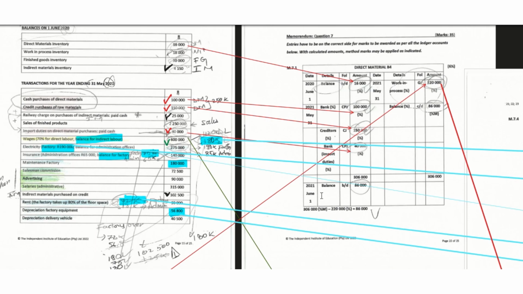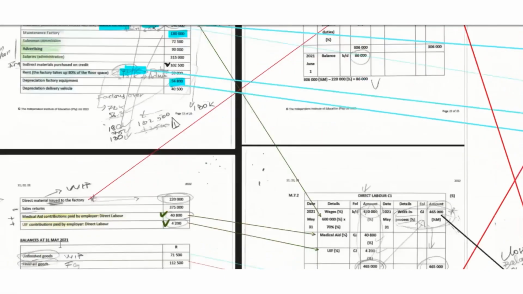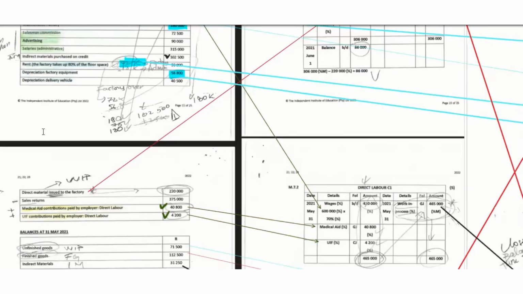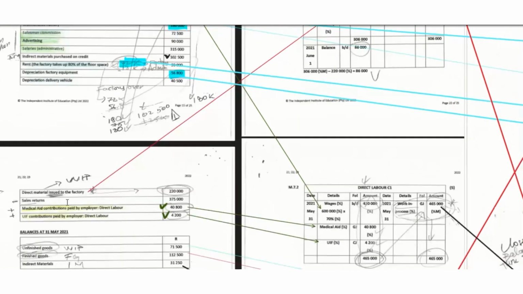Where does it come from? Very important. That's why I read everything to understand it. Insurance. What is the insurance for the admin offices? What is the insurance for the factory? You need to separate apples and oranges. But in that table, on the next page, the direct material issued to the factory was provided to you.